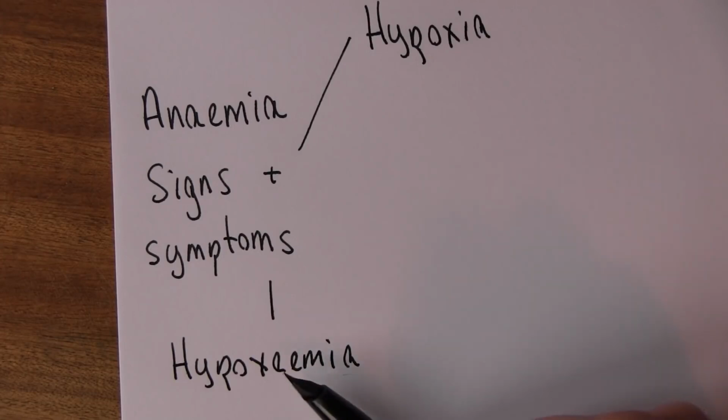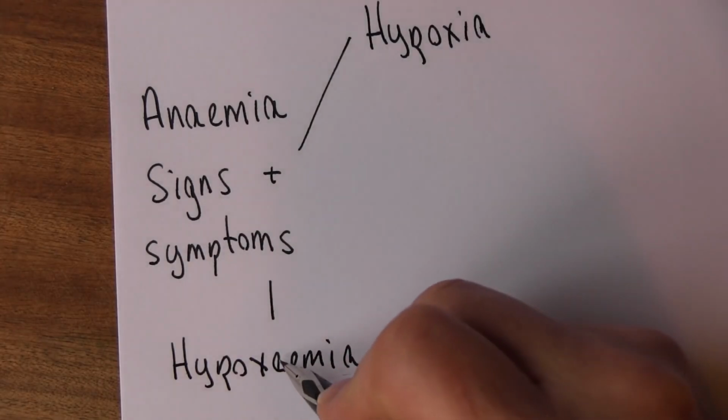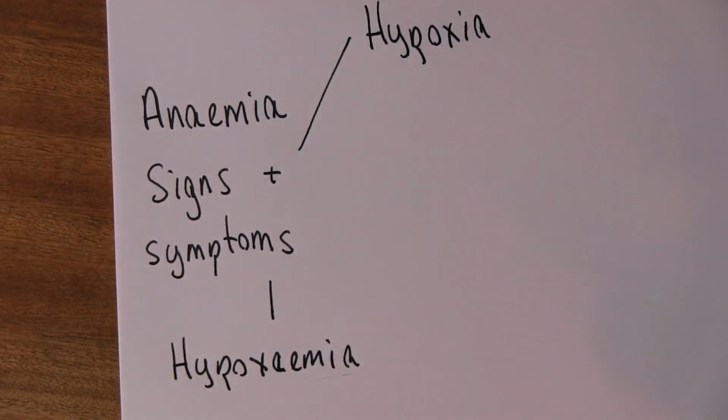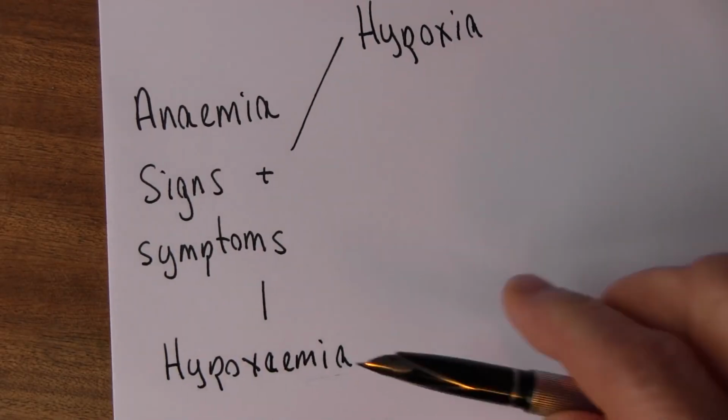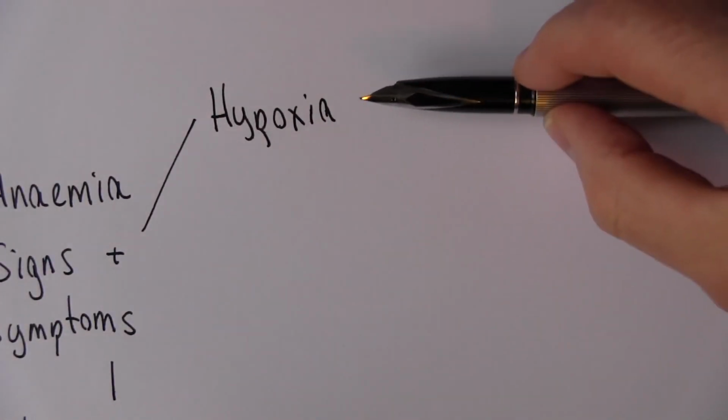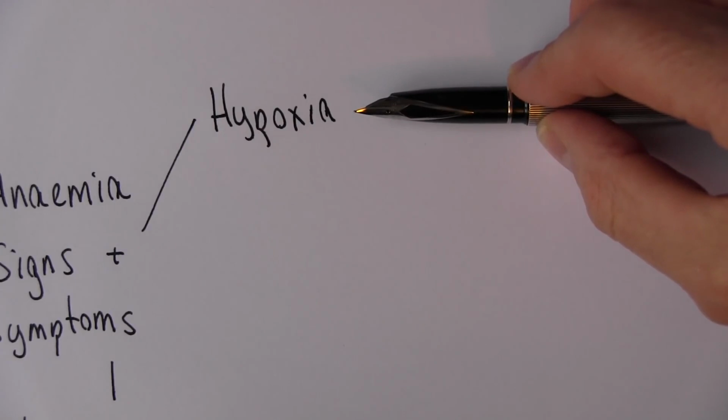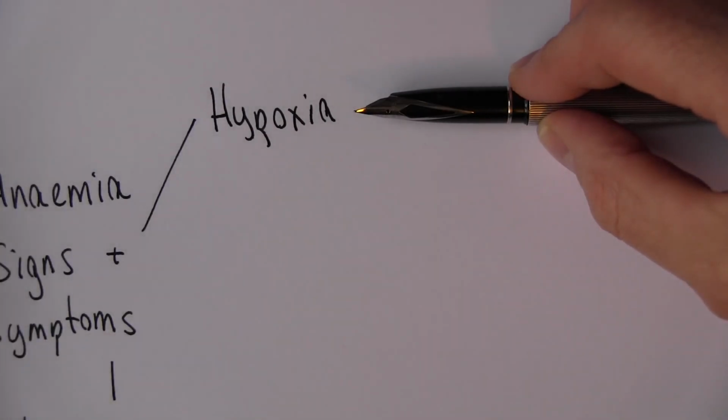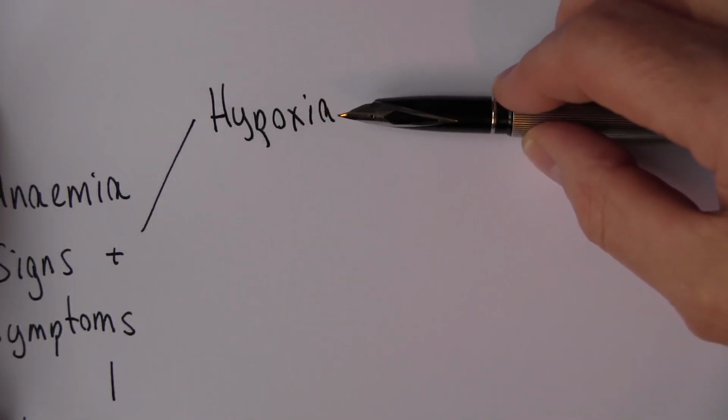And in American spelling they don't have that A, they just have the E. So that's deficiency of oxygen in the blood. Hypoxia is defined as deficiency of oxygen at the level of the tissues, actually in the tissues themselves. So I want to start off with this one, with hypoxia, deficiency of oxygen in the tissues themselves.